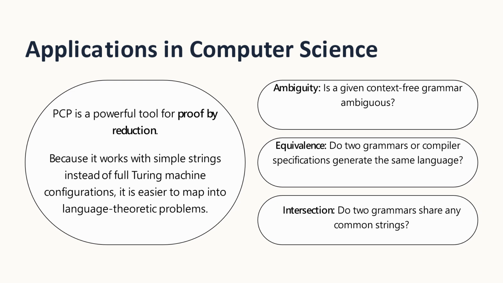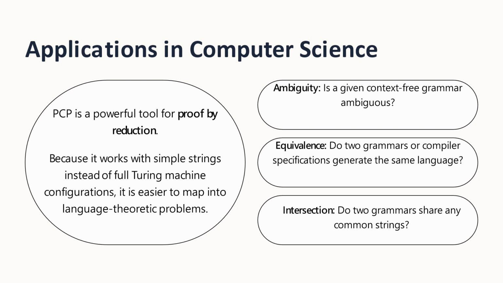You may wonder why PCP is so important. The answer is that PCP is extremely useful in undecidability proofs. Since it is based on strings, it is often easier to transform into grammar and language problems than directly working from Turing machine descriptions. By reducing PCP to other questions, researchers have shown that many important problems are undecidable.